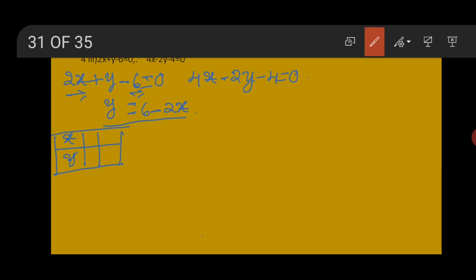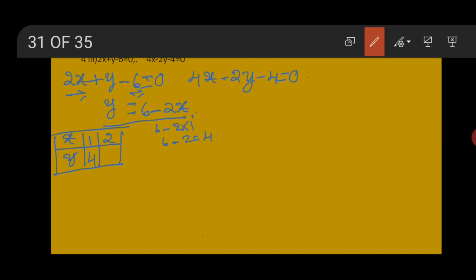Now substitute the value of x as 1. What happens? 6 minus 2 into 1 is equal to what? 6 minus 2 is equal to 4.